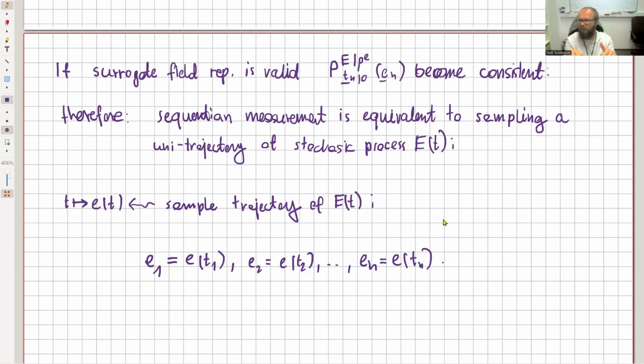Not because of anything else, but because the dynamical properties of the system the observable belongs to are such that the bitrajectory stops being a bitrajectory and collapses into a unitrajectory, just like any other classical system, any other classical observable.